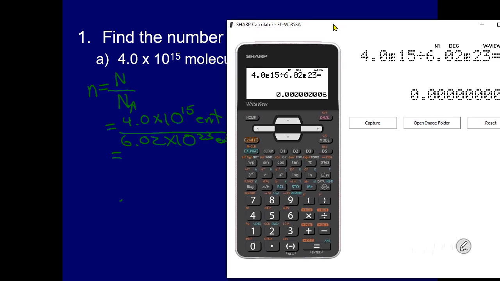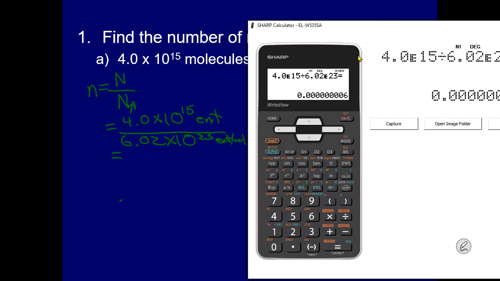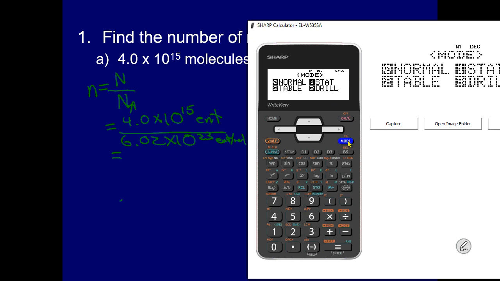That means I need a little more information here. I don't know what that extra digit is, because I need to round to 2 digits. So I need to change this into scientific notation. Now your calculators are going to be all a little different. A Sharp calculator, I will check the mode. And I'll press mode again.